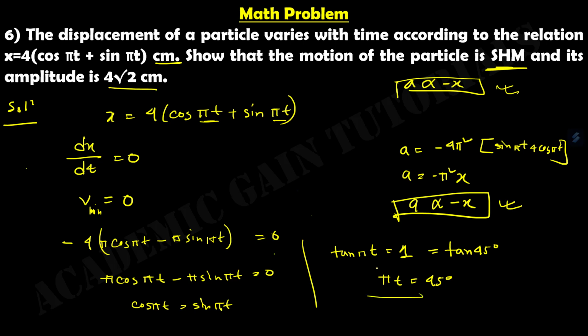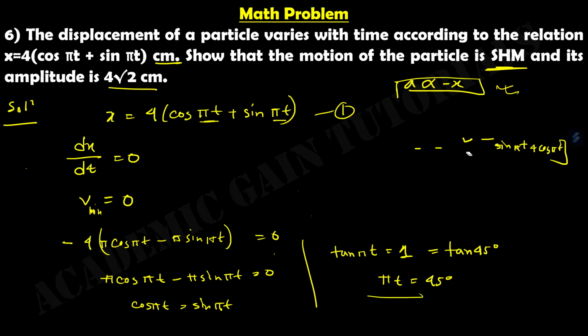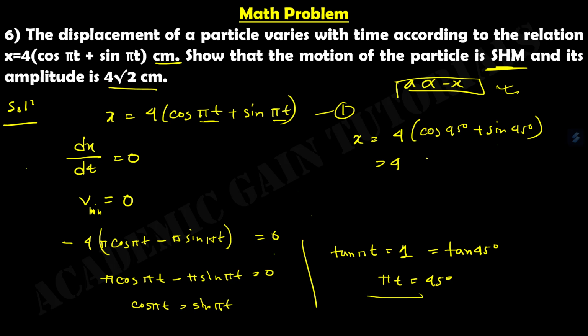If I put this value in equation 1, then I will get x equals 4 times cos 45 degrees plus sine 45 degrees. The value of cos 45 degrees is 1 by root 2, and sine 45 degrees is also 1 by root 2, which gives 4 into 2 by root 2.